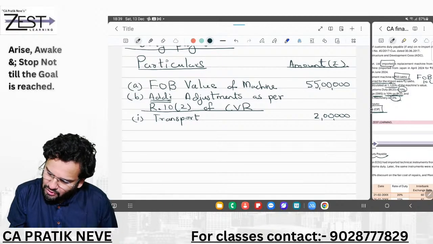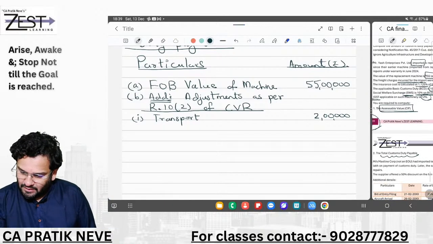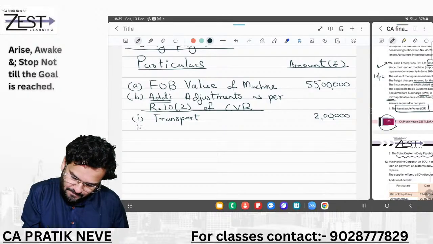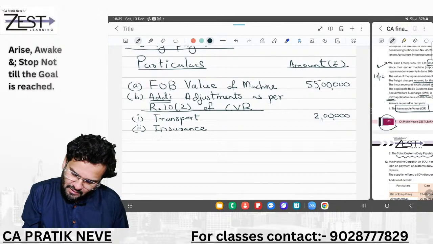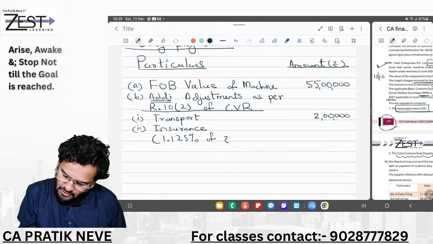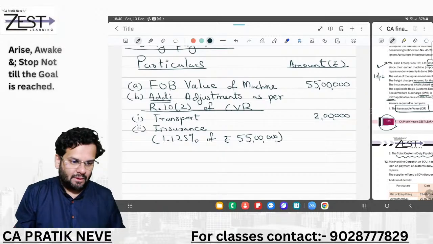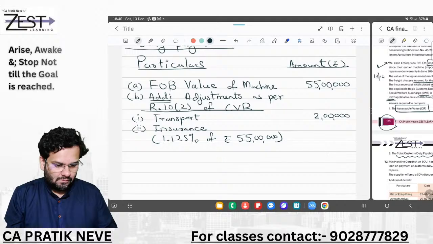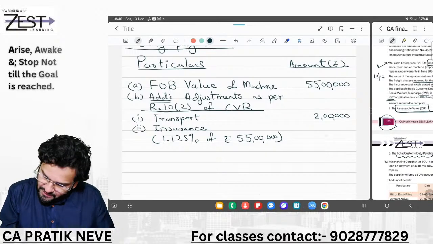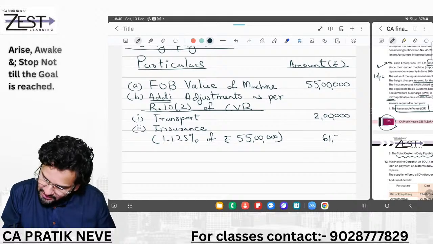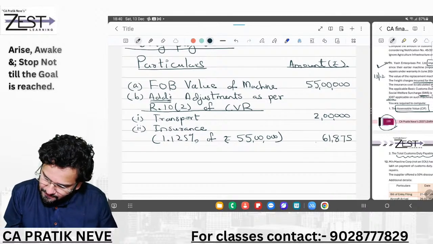And then you have got insurance. Insurance is given as 1.125% of 55 lakhs. So isn't it 61,875?